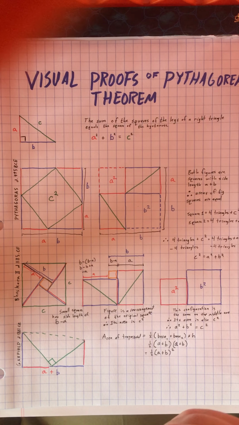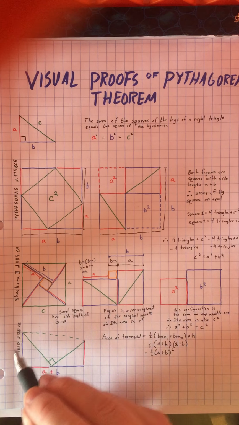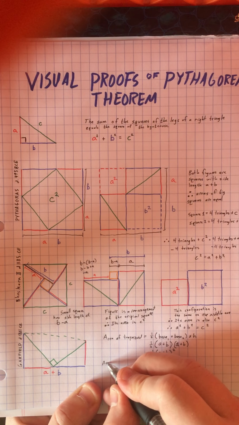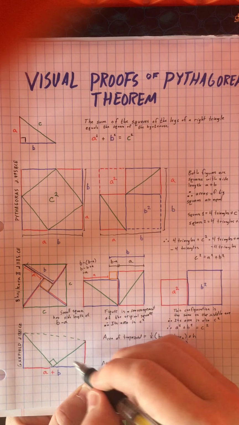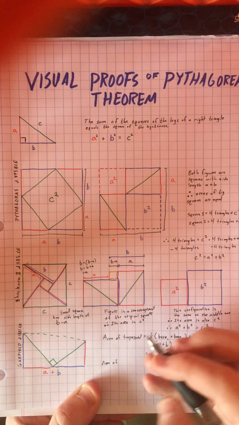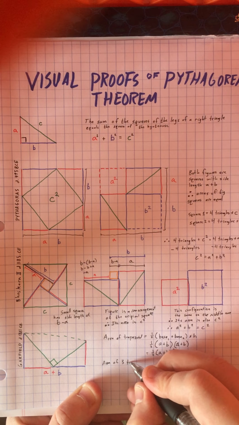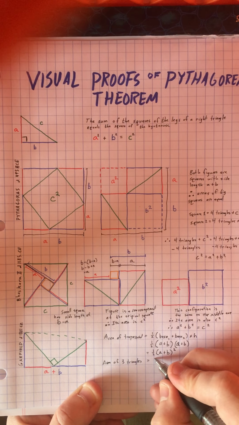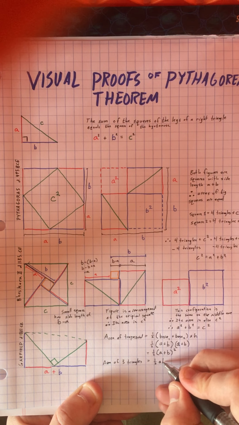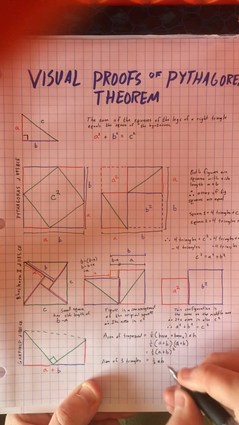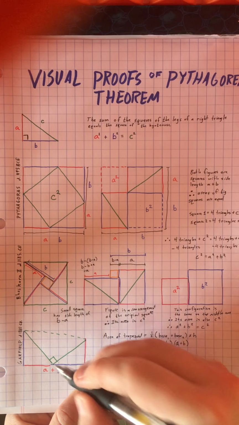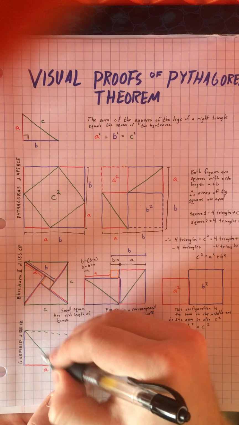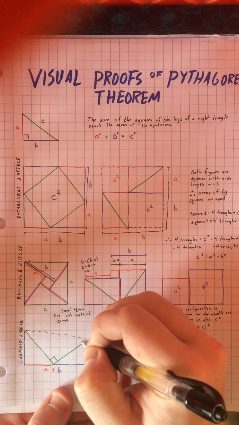But there's another way we can think about the area of this figure. We can think about it as the area of these two triangles we've been working with, plus this third one up here. So the area of three triangles: we have 1/2 base times height for this triangle, plus 1/2 base times height for this triangle, plus 1/2 base times height for this green triangle.